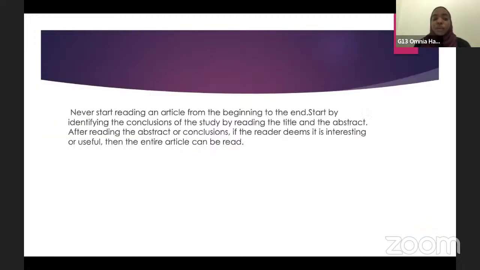So the main rule is we never start reading an article from the beginning to its end. We have an objective way to read the article. We start by identifying the conclusion of the study by reading the title and the abstract. After that, we will decide whether we're going to proceed to read the whole article or not. That's why, guys, the title of the study and the abstract are the most important pieces of information, and they are usually free.